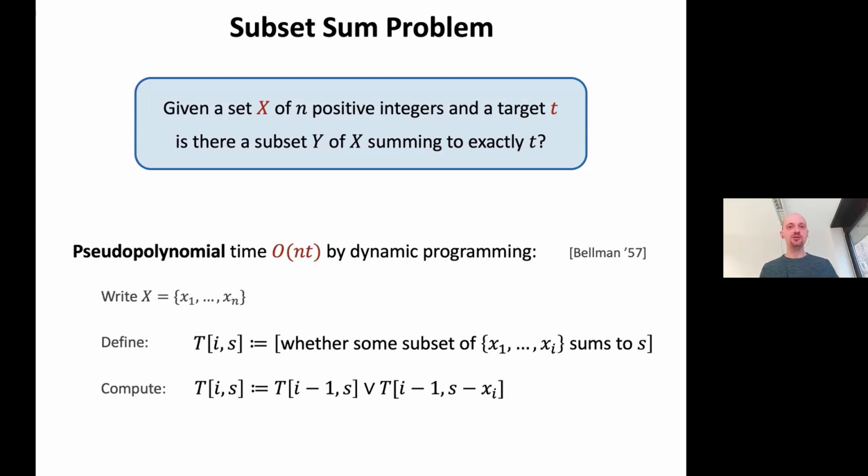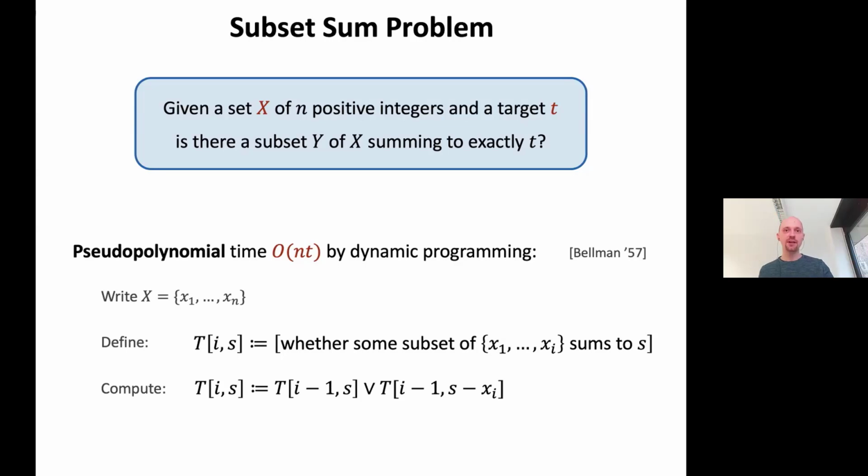One way we teach dynamic programming is this very simple pseudopolynomial-time algorithm for subset sum that solves it in time n times t, right? You build this big table that stores for each of the first i items whether it sums to some number s, and you can fill each table entry in constant time, so you can solve it in time n times t.